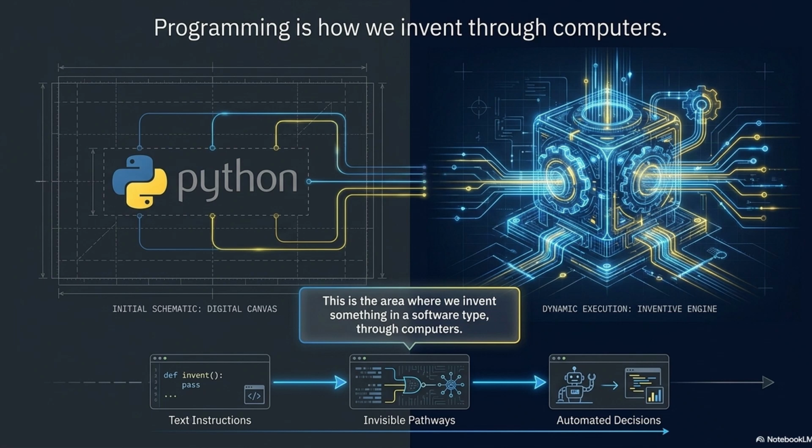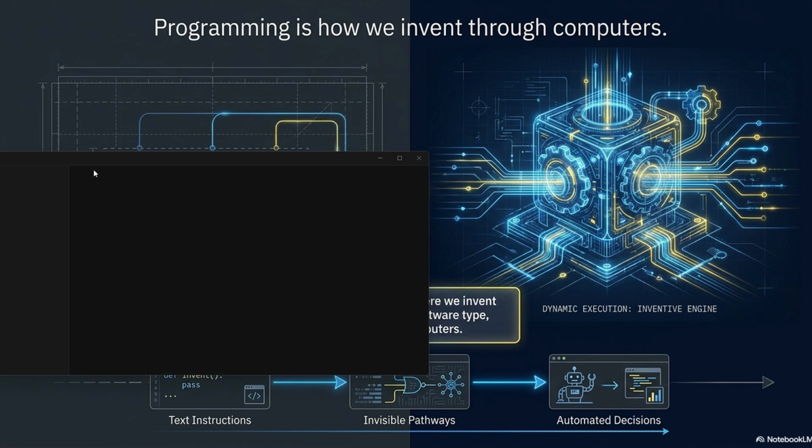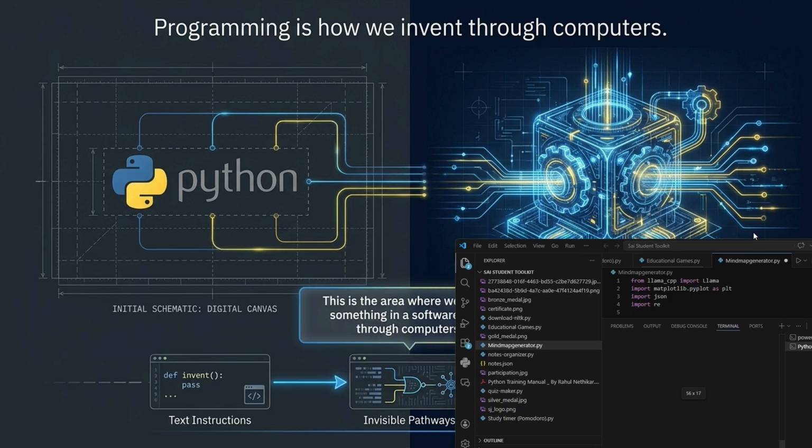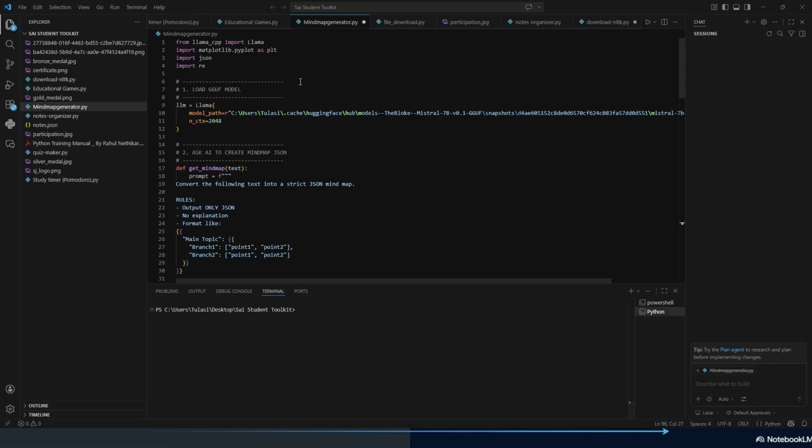First of all, what is Python? Python is programming, with which we invent projects through computers. For example, I took a mind map generator, where I wrote Llama and everything like this.